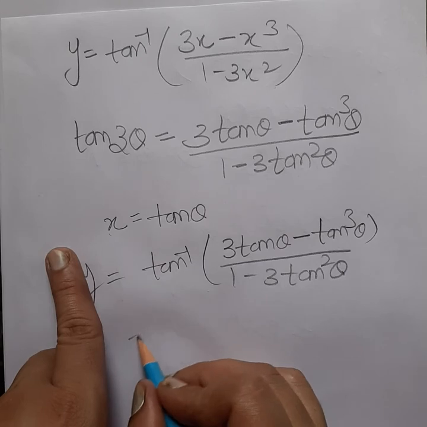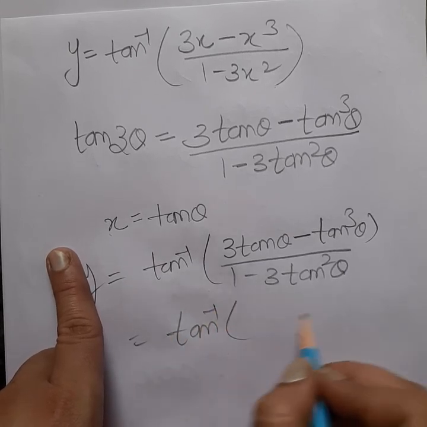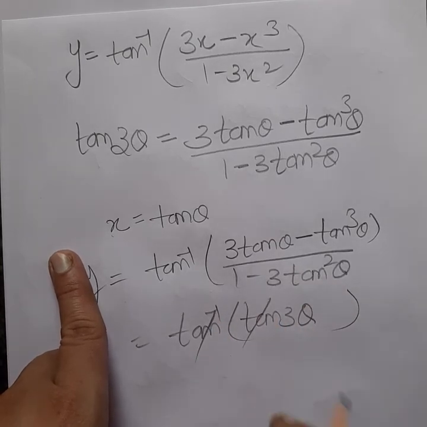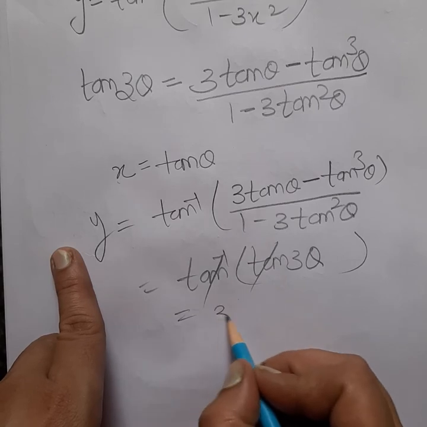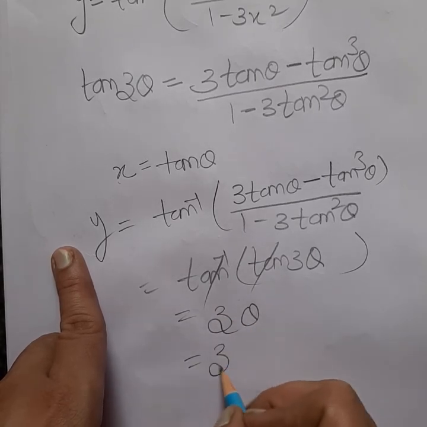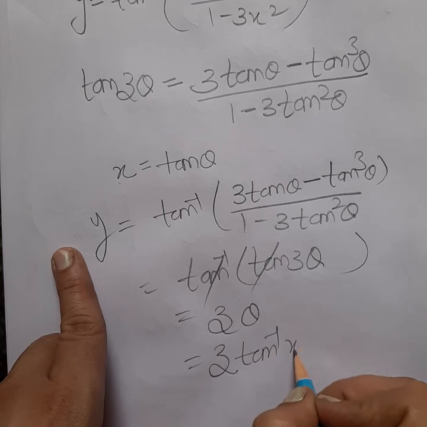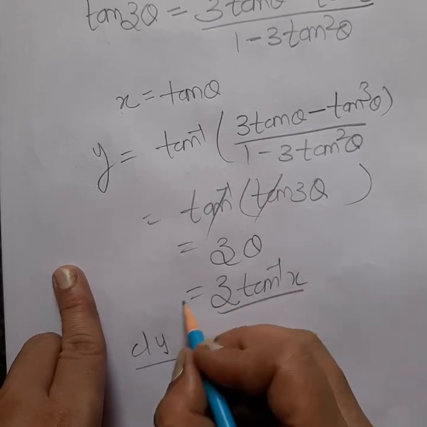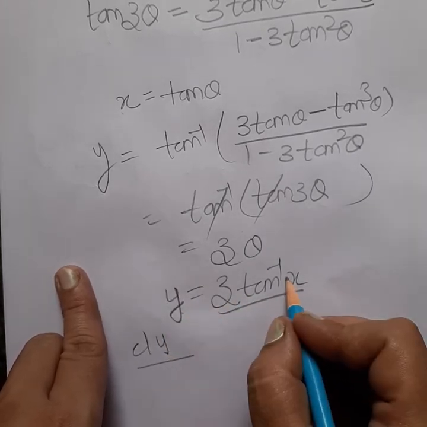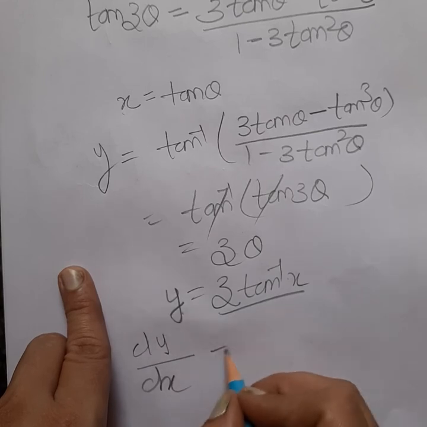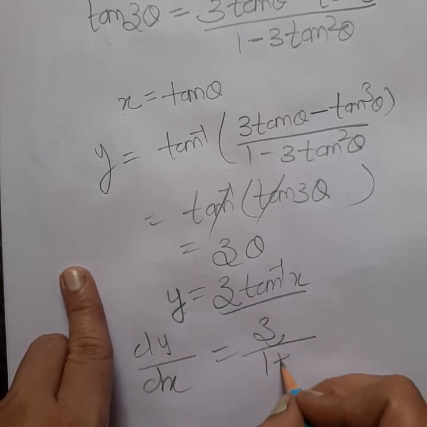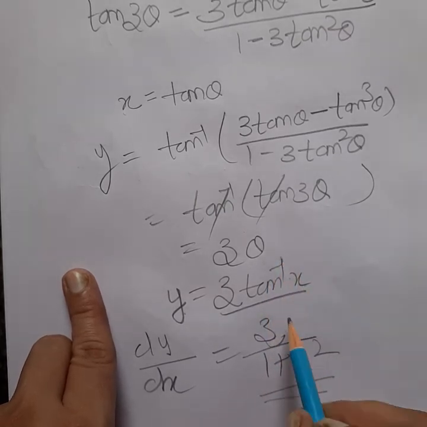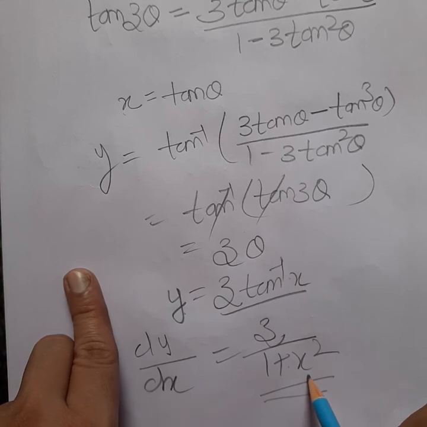After that you get tan inverse tan 3 theta, and after cancelling the trigonometrical function, we get only 3 theta, and when you put the value of theta, that is equal to tan inverse x, you get the final function y in the form of x, and when you take the derivative you get the answer 3 upon 1 plus x square, because the derivative of tan inverse x is equal to 1 over 1 plus x square.